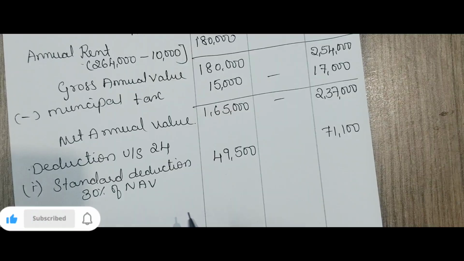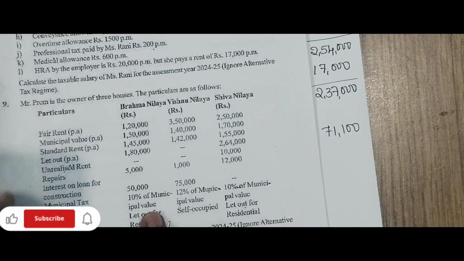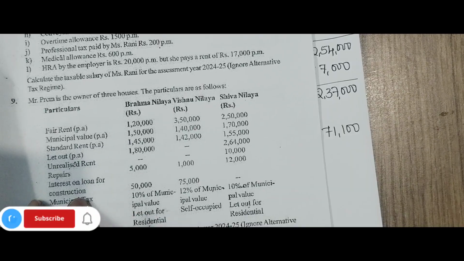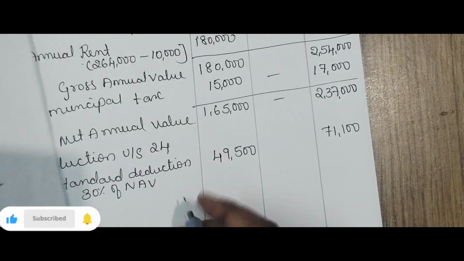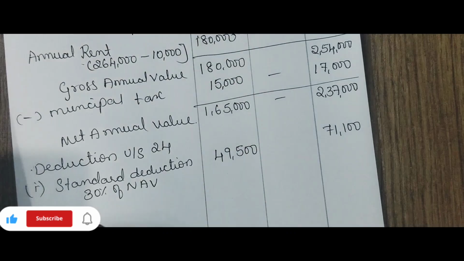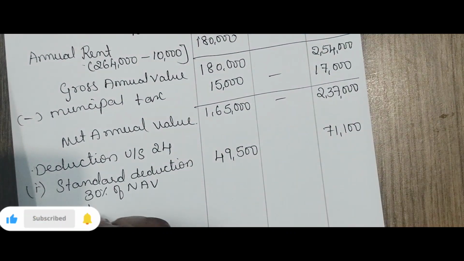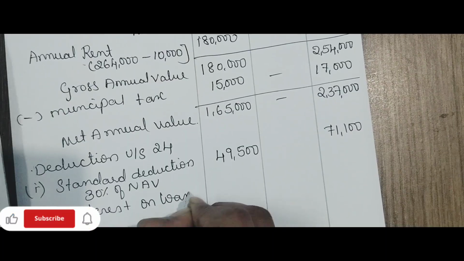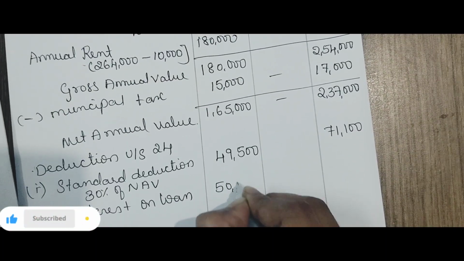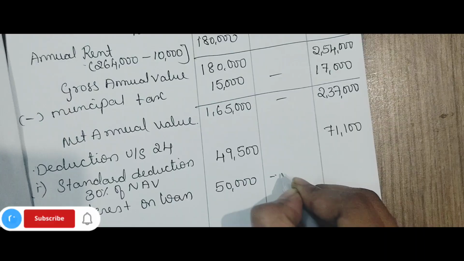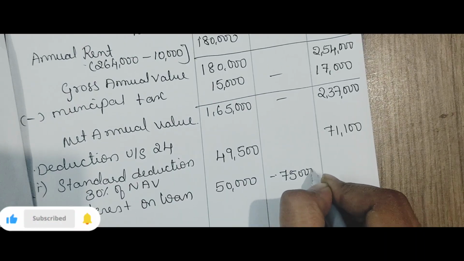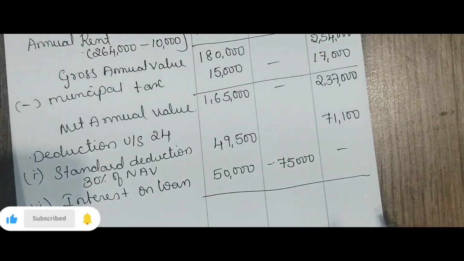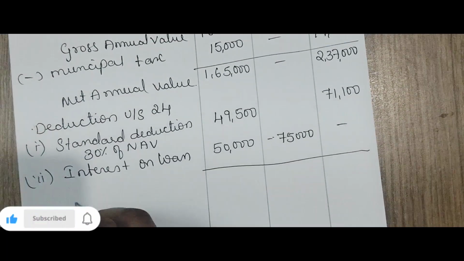Then you need to check whether any interest is there. Interest on loan for construction is there, so that you are going to take. Interest on loan is 50,000 and 75,000. Here nil. Now what is your income from house property?